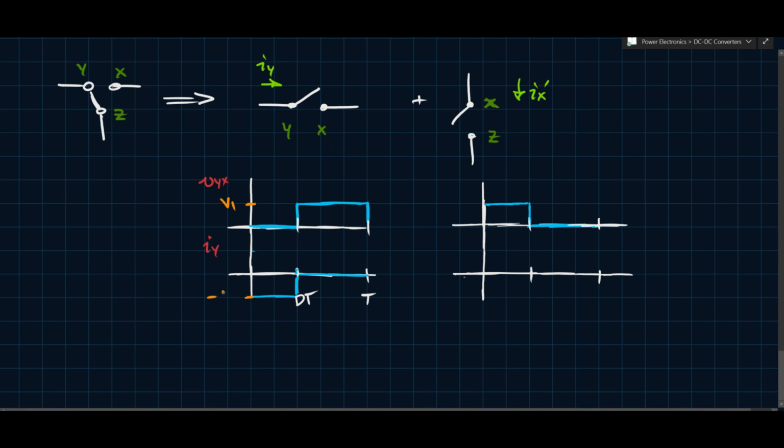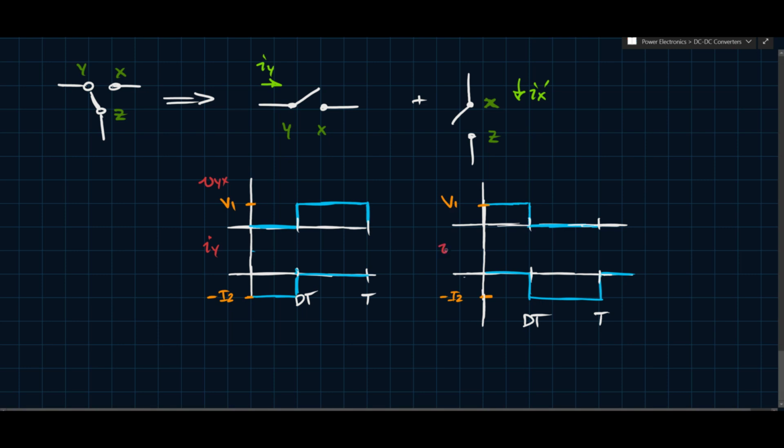So this is minus I2, and we want to do the same thing on this side. This happens in the other part, during this time here. This here will be dt, and this is one full switching period. This is the same current minus I2, and this is the voltage V1.